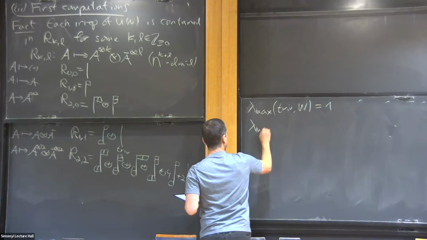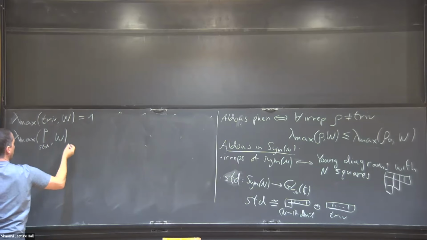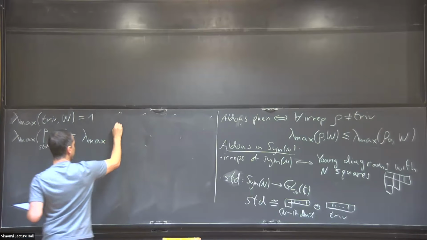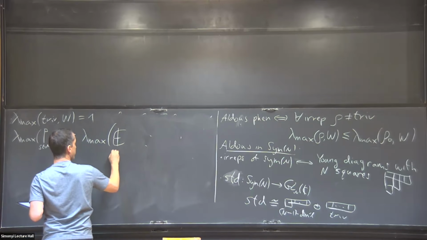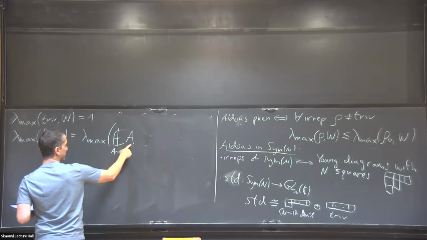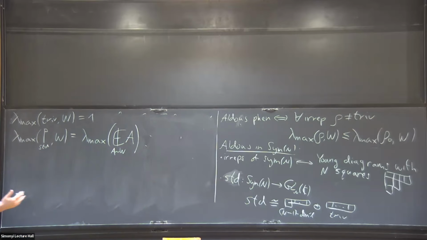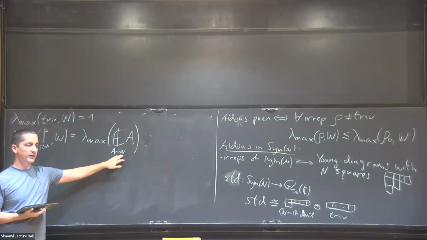Okay, what is lambda max of standard? This is the largest eigenvalue of the standard representation, which is just A. So actually, just look at this probability distribution I have on unitary matrices, and I take the expected value.